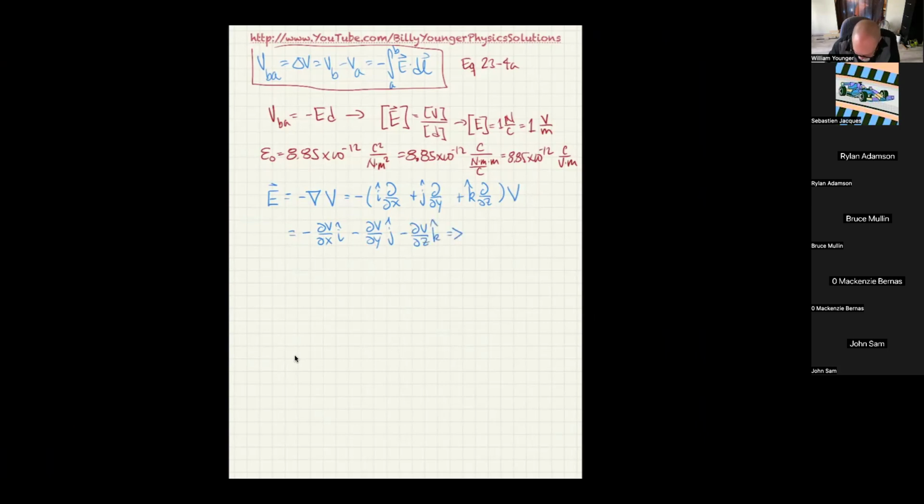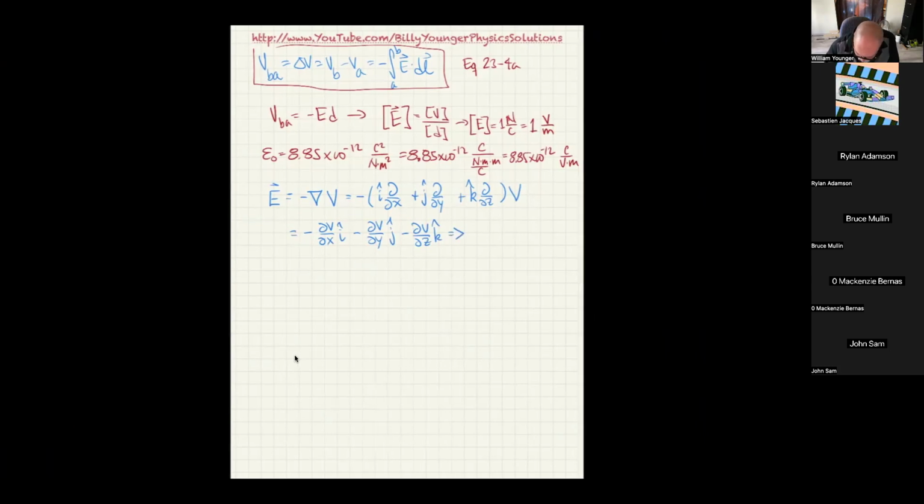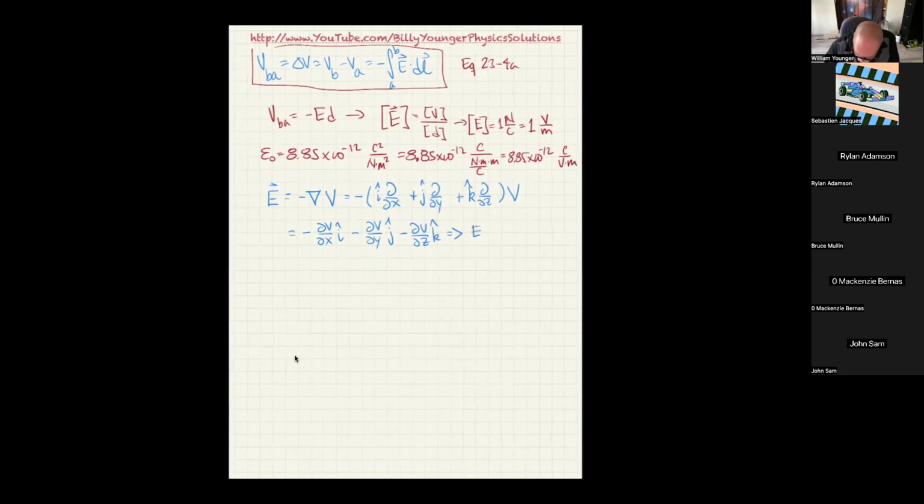This implies that E sub x is equal to the negative derivative of V with respect to X, E sub y is equal to the negative derivative of V with respect to Y, and of course Z is the same way.